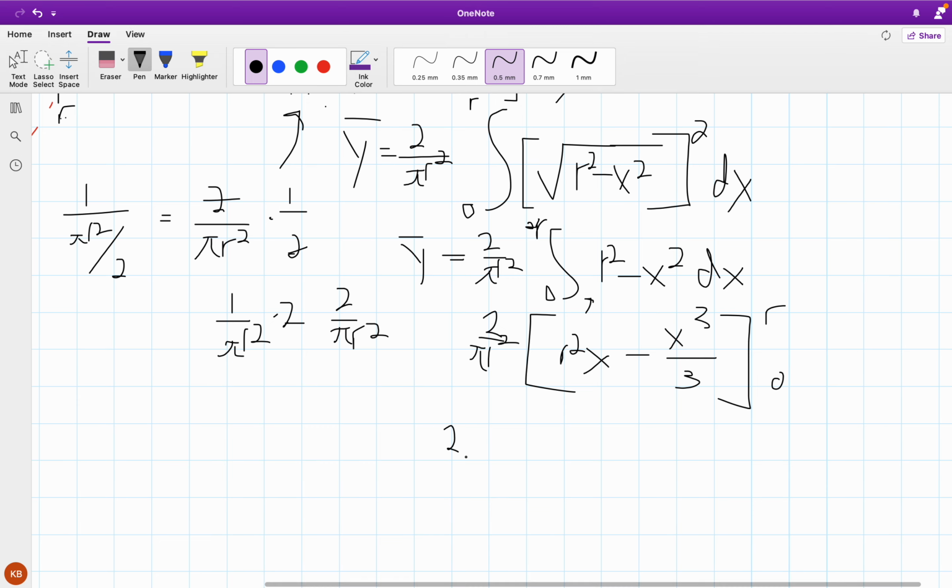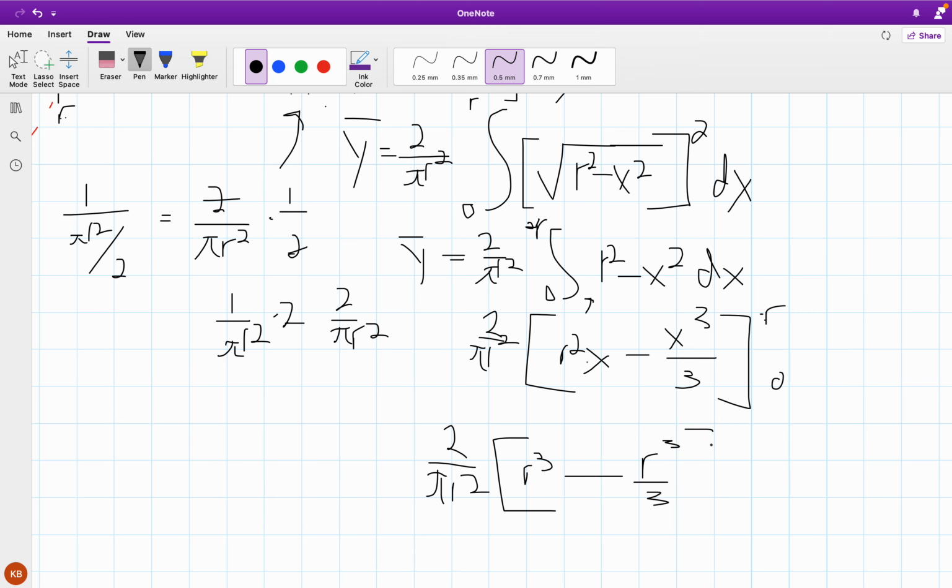So we are almost done. It will be r squared, we're going to plug everything in. r squared times r is going to be r cubed, minus r cubed over 3. And if we put the zeros into this equation, it's just going to be 0.